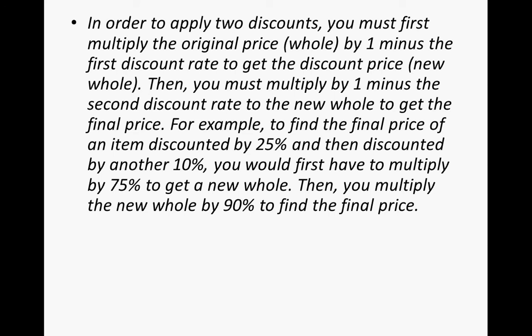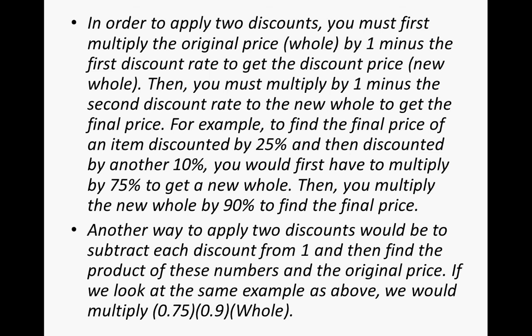Then you must multiply by 1 minus the second discount rate to the new whole to get the final price. For example, to find the final price of an item discounted by 25% and then discounted another 10%, you would first have to multiply by 75% to get the new whole. Then you would have to multiply the new whole by 90% to find the final price.